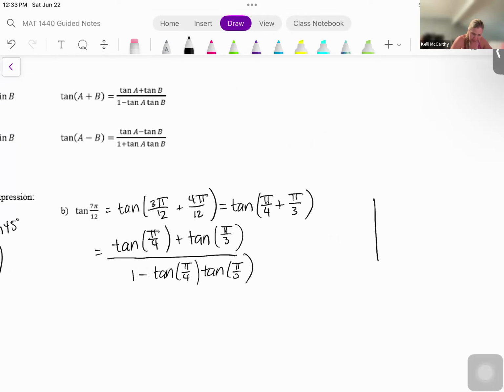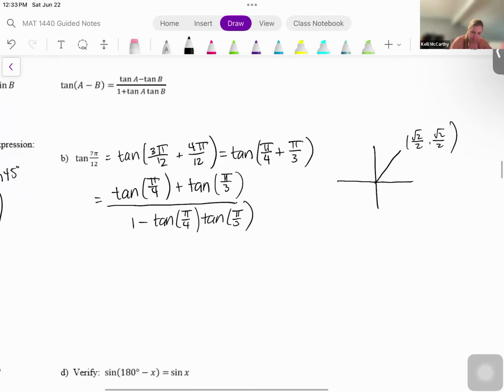All right, pi over 4 in that first quadrant. That ordered pair is square root of 2 over 2, square root of 2 over 2, which tells me that tangent is 1 because the sine and cosine values are the same. Pi over 3, that's my taller triangle, the y being the larger leg, the x or the horizontal being the shorter leg.